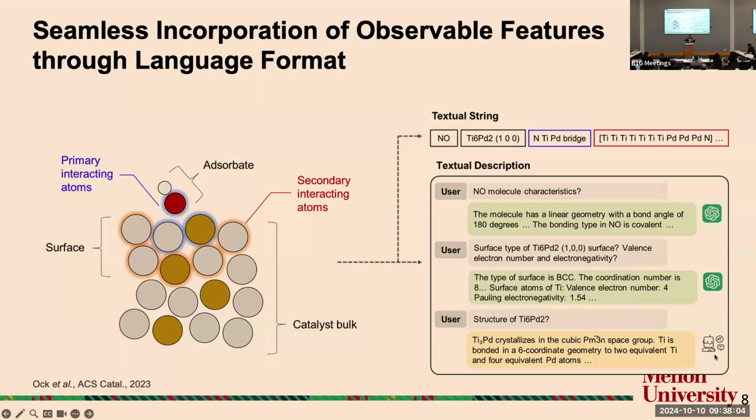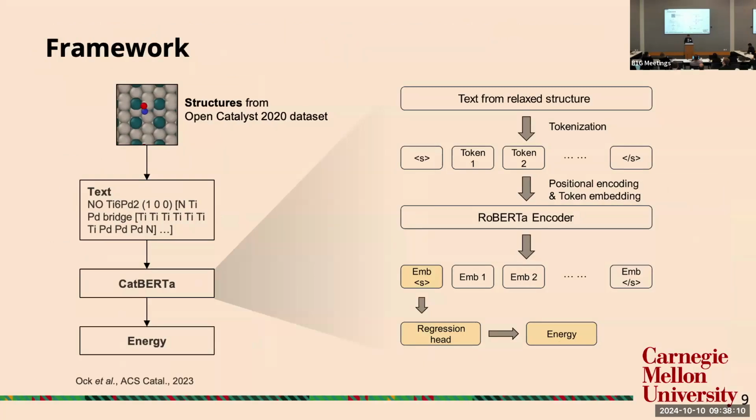And we pull together all these textual descriptions of the system. And then, as soon as you transfer all this structural information into text, you can use the pre-trained RoBERTa or any kind of BERT-based encoders and fine-tune them for energy prediction. So that's what we did here.